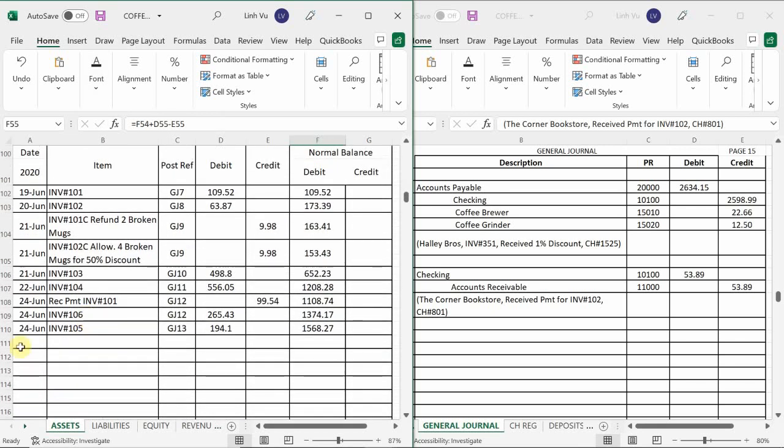And we need to adjust our accounts receivable because somebody paid what they owed. So, receive payment for invoice number 102. Okay. Which decreased our account by $53.89.